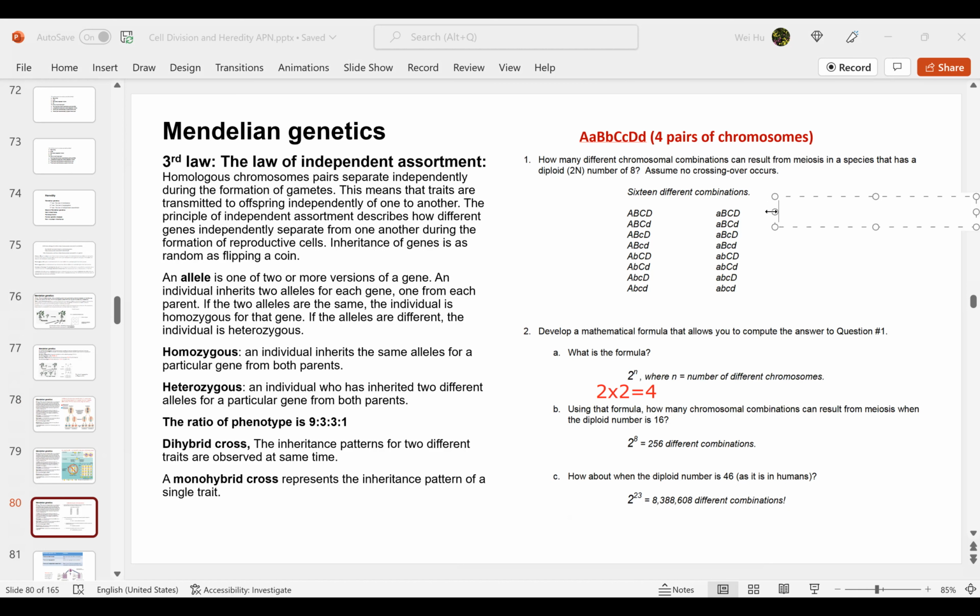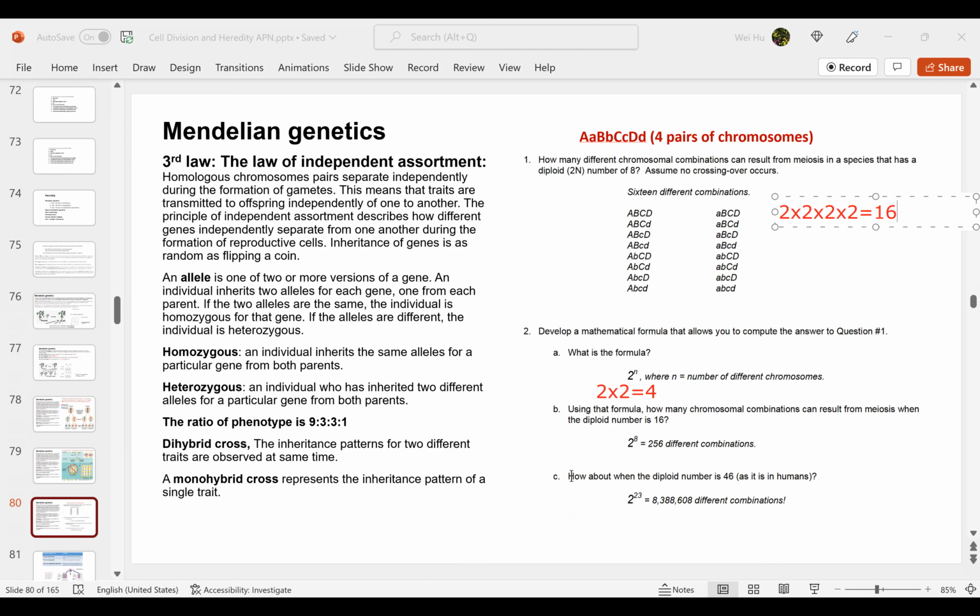So then let's go to this one. So you still have 2, correct? 2 alleles, but 4 pairs. So what you do is 2 times 2 times 2 times 2, right? So you get 16. So that's also working for this one because you have 16 combinations.